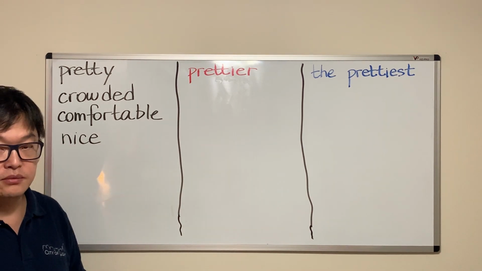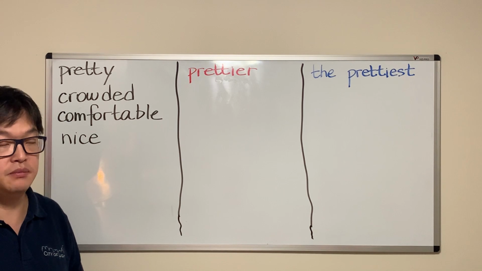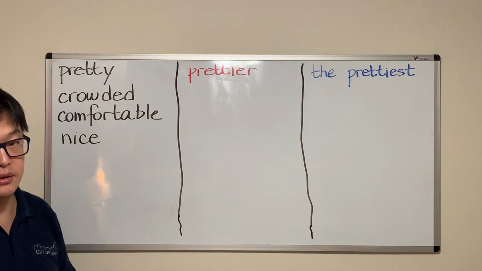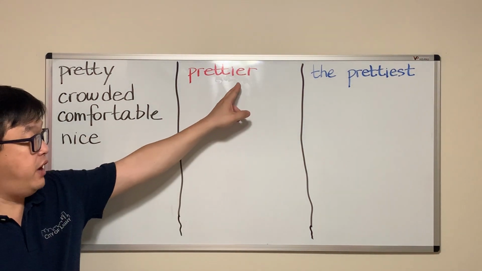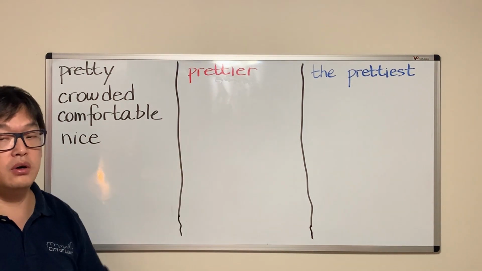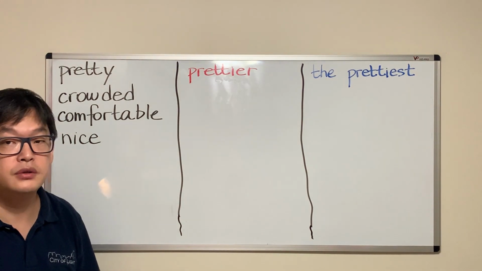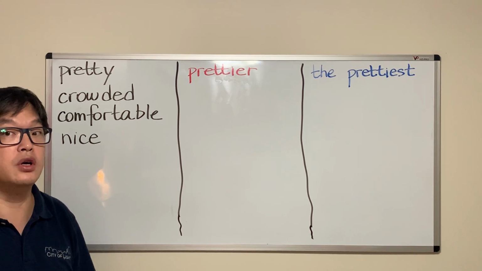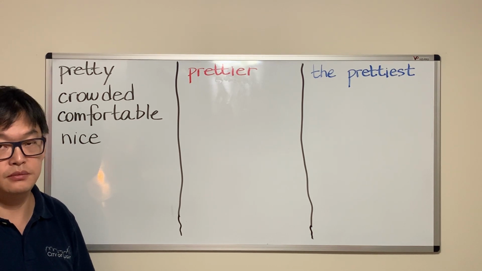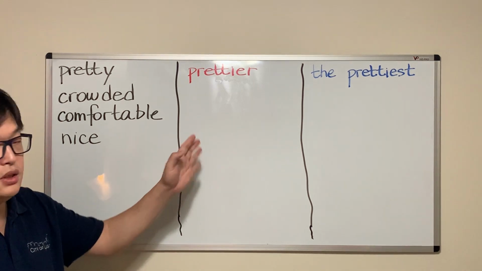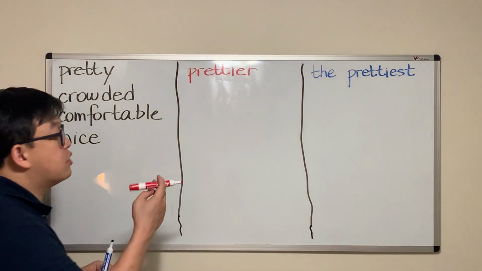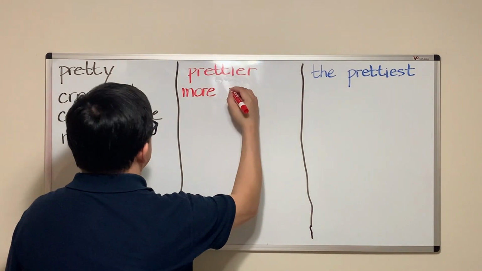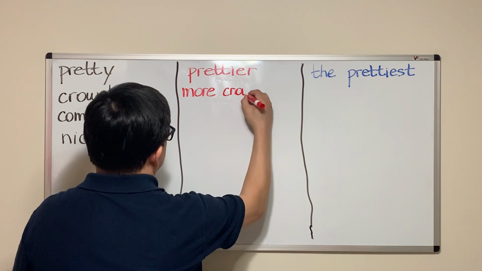We just want to say things easily, the easiest way. So for example, think crowded. If you add the rule here, how are you going to do it? Crowdeder. Have you ever heard somebody saying, oh, this place is crowdeder than you? No. So, what is the easiest way? More crowded, yeah, right?